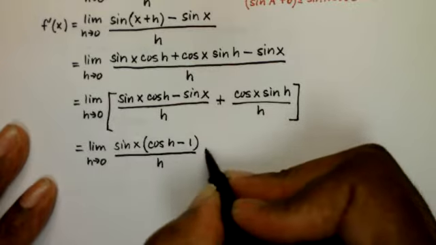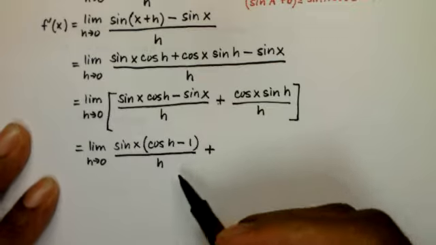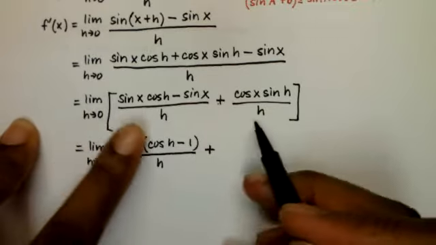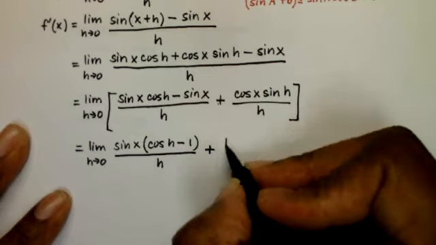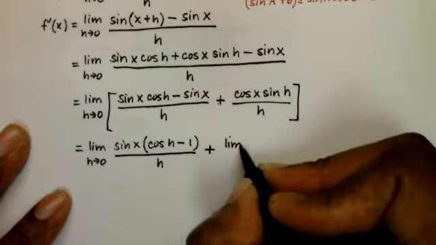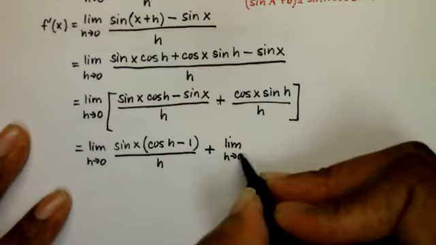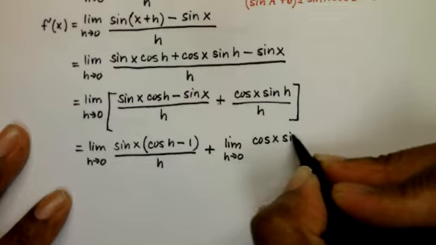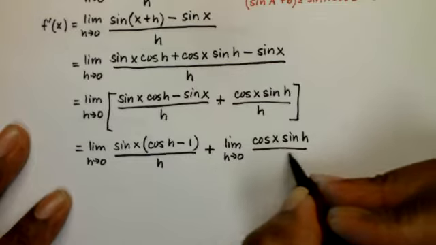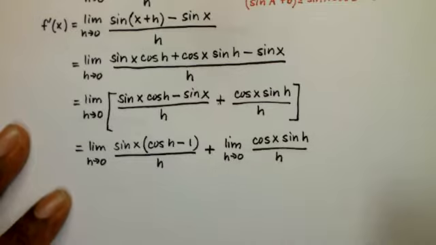That's going to be over h. And then plus, and I'm also going to do this. If I have the limit of the sum, I can write this as the sum of their individual limits. So this part will have a limit as h approaches 0 of cosine x sine h, all divided by h.